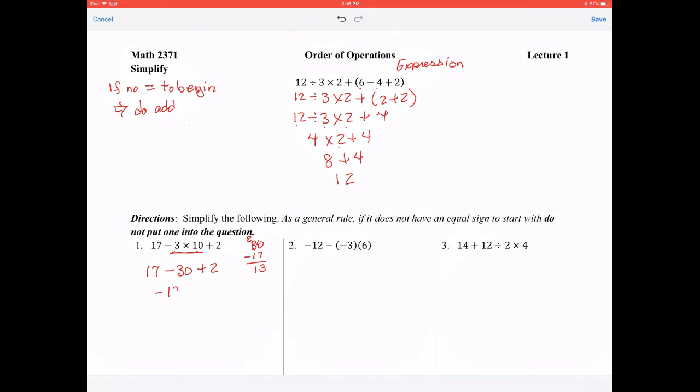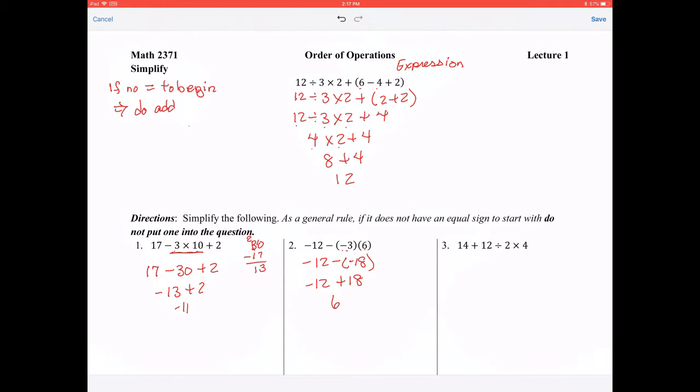So this is minus 13 plus 2, and that gives me minus 11. Just because that's not the way I'm thinking off the top of my head right now. Minus 12 minus, and 3 times 6 is 18, so that is minus 18, minus 12 plus 18, and 18 minus 12 is 6.